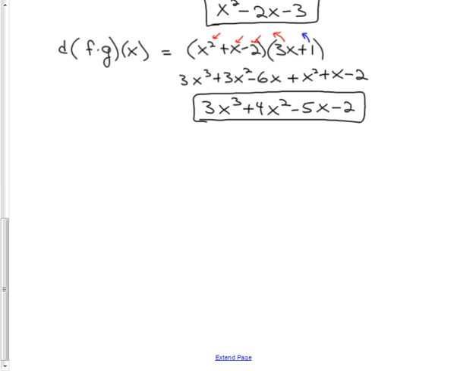So we're on 99. A ball rolling on a ramp. The distance traveled by a ball rolling down a ramp is given by s of t equals 3t squared.